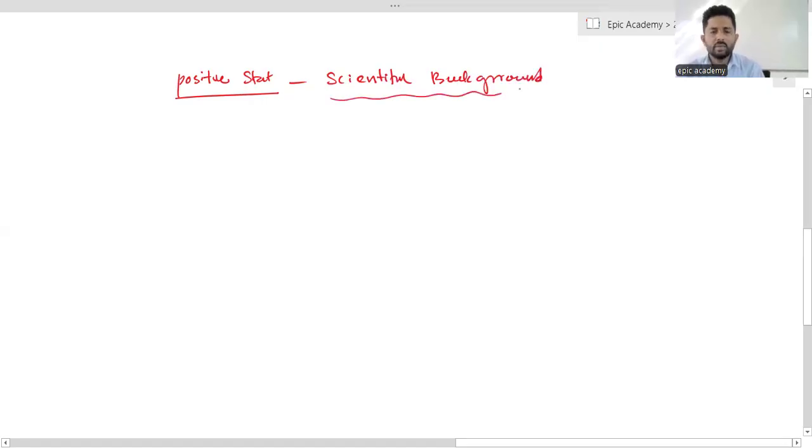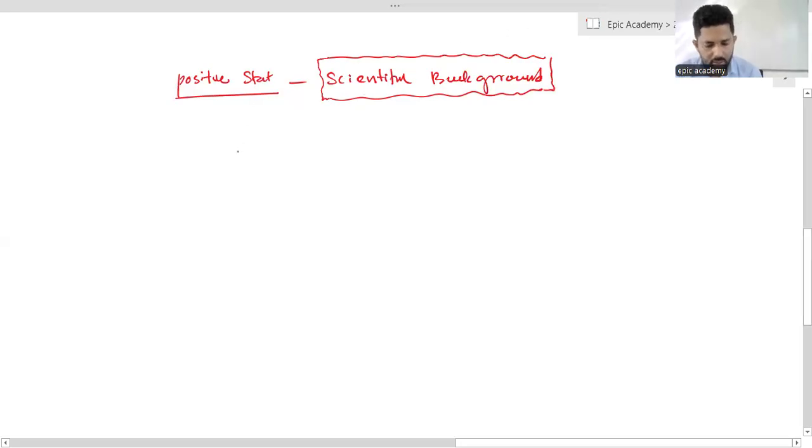Scientific background means they facilitate investigating the statement and forecasting based on available data. So that is why we call it a scientific background. It is included in the positive statement. You can identify those things, and you can investigate them by using available data.